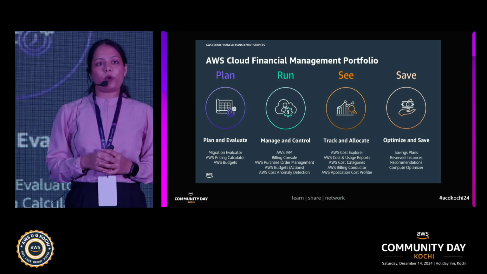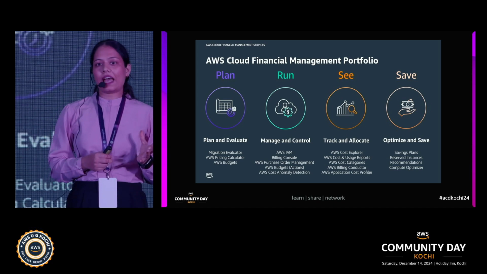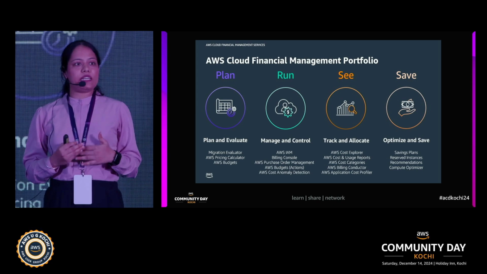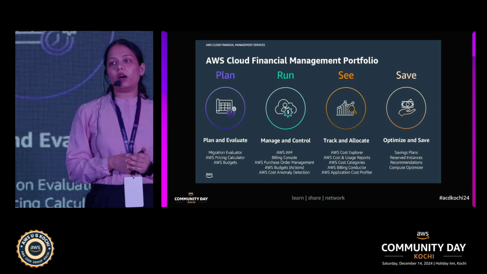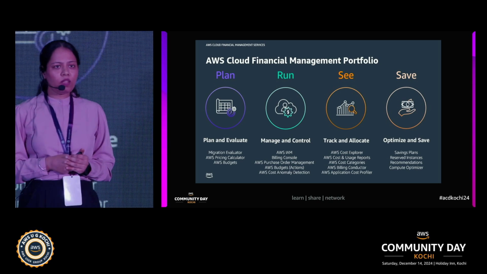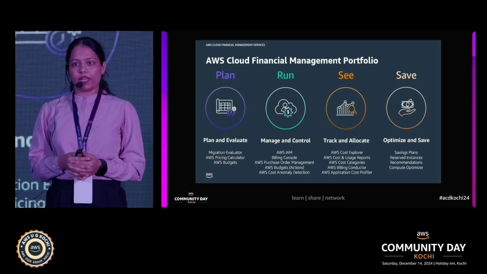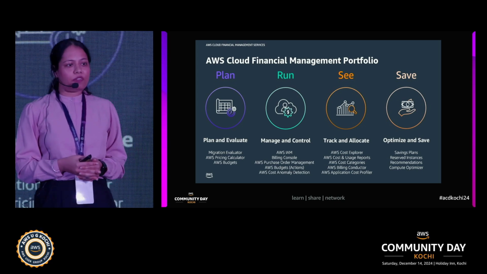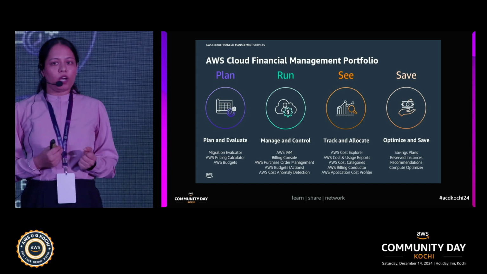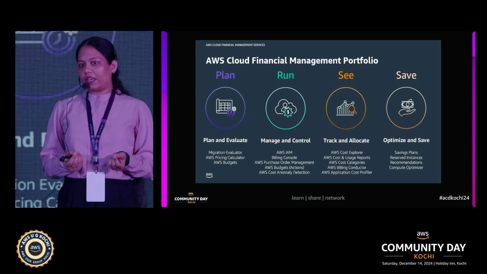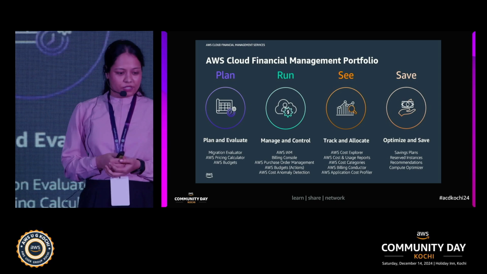We'll calculate the price, like if an instance has how much memory, how much disk, how much CPU. So we'll plan accordingly. Then we'll run. Here we'll manage and control. Like if an EC2 server is running and it is not required 24/7, then why keep it on, right? We can utilize Lambda services for a normal use case of EC2 stop and start activity.